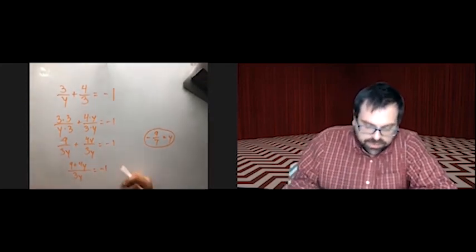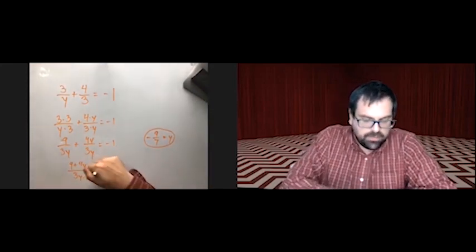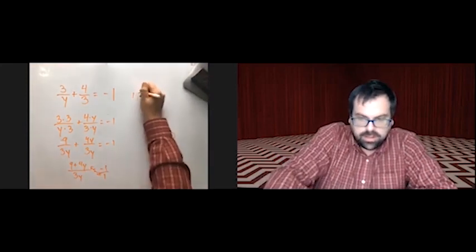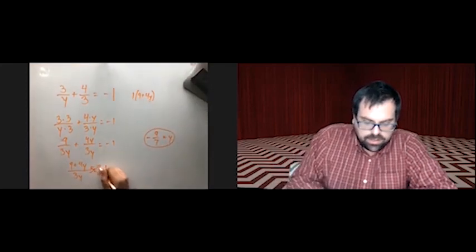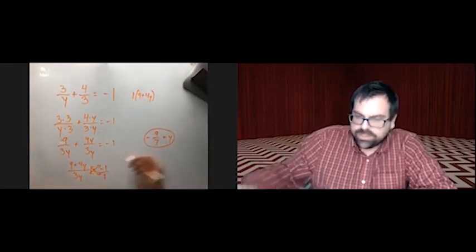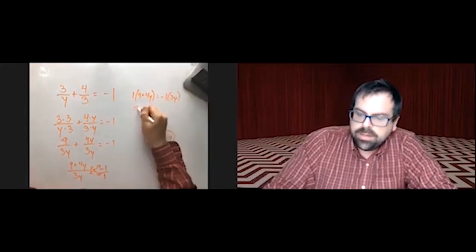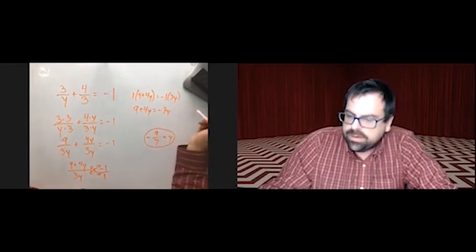Fraction equals number. That's the same as fraction equals fraction. Cross multiply. 1 times 9 plus 4y, -1 times 3y. So 9 plus 4y equals -3y.